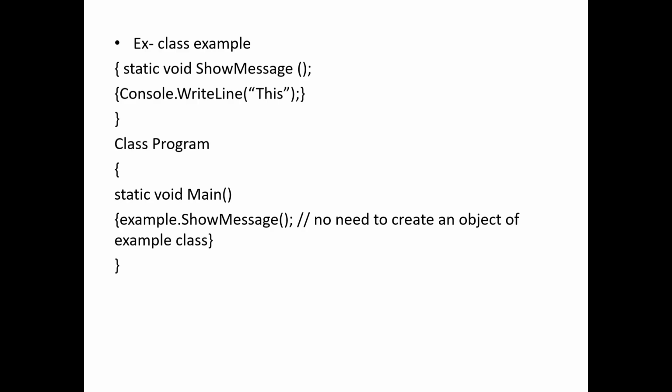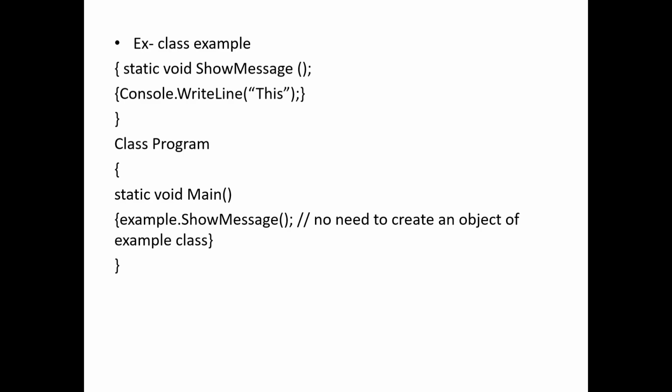So in the main class, we will call the ShowMessage function in the static void Main. Now if this function was not static, how would we call it? We would first make an instance of the Example class like Example e1 equal new Example and then the constructor, and then we would call it like e1.ShowMessage.